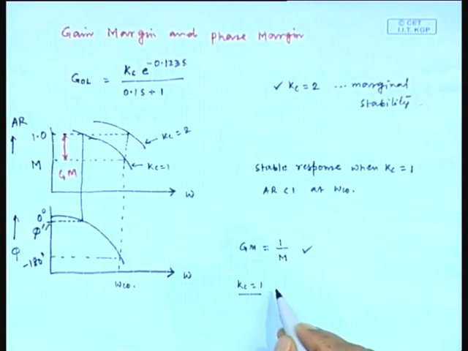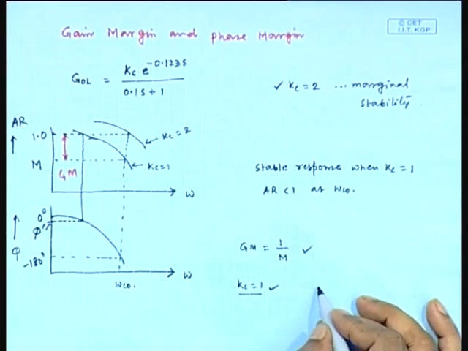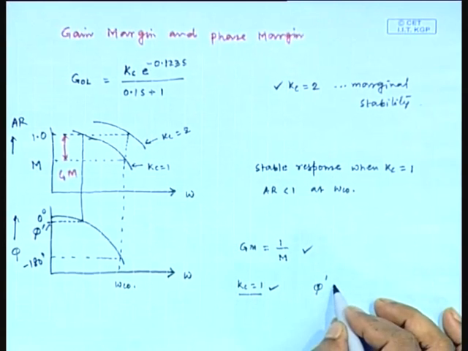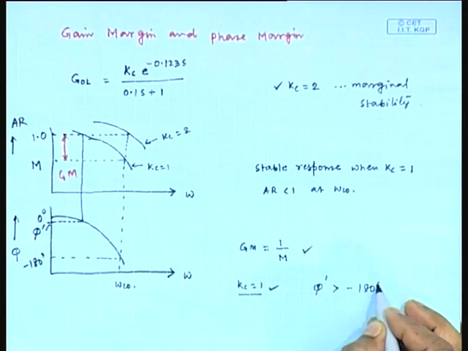So, when amplitude ratio equals 1, the corresponding phi we are indicating by phi prime, agree, and this phi prime is greater than, you see, minus 180 degree.